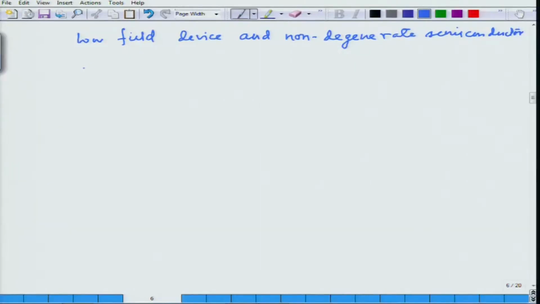Then the dominant RG mechanisms in such devices, and we are talking about room temperature processes, are band to band transition and RG center.